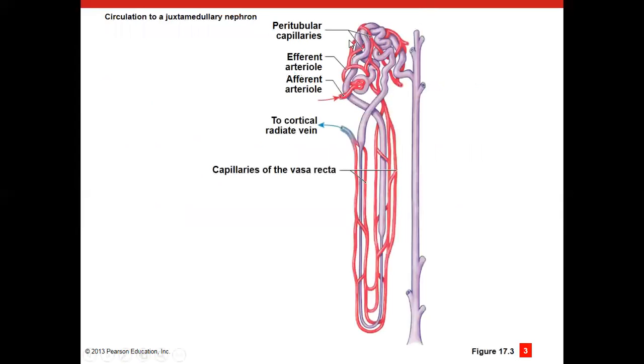So here are the peritubular capillaries, these red ones, they branch into the vasa recta that surrounds the nephron loop. So water and ions can get exchanged between the tubule, the inner component of the nephron loop, and the actual capillaries.